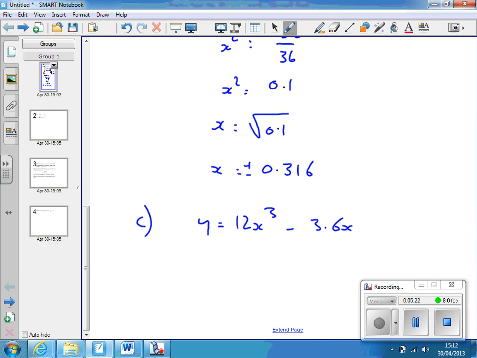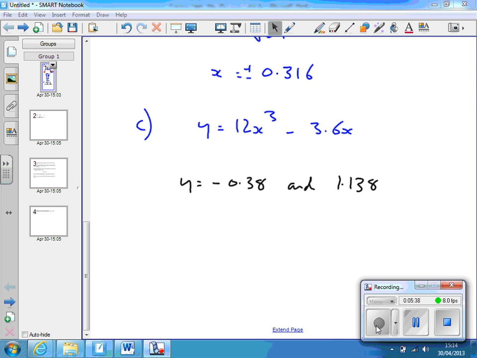So in other words, it's just saying at this point, I've found x when the differential is 0. Now let's try and find out what y is, putting our values in. So when you put the values in, you should get that y equals negative 0.38 or 1.138.